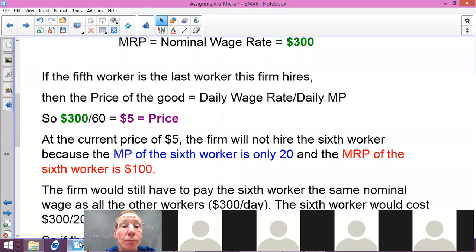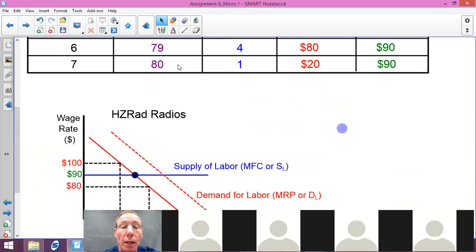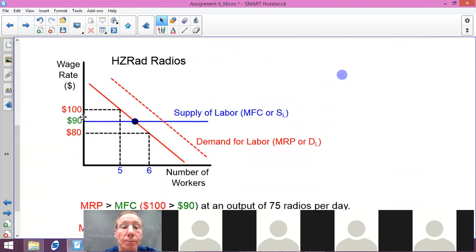So that graph is going to look like this, okay? It's just going to have a perfectly horizontal supply of labor curve because the wage rate is set at $90 a day, and they can hire as many workers as they want all the way out, okay?